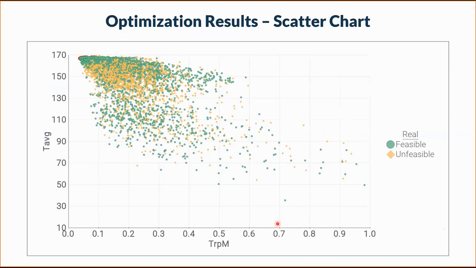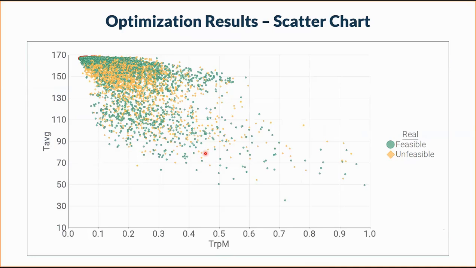So this is what we get in terms of the objectives as an optimization result. These are all the designs that the algorithm explored in the torque and the torque ripple space. The torque is on the y-axis and the torque ripple on the x-axis. You will see some of these designs are colored in green and some are colored in yellow.